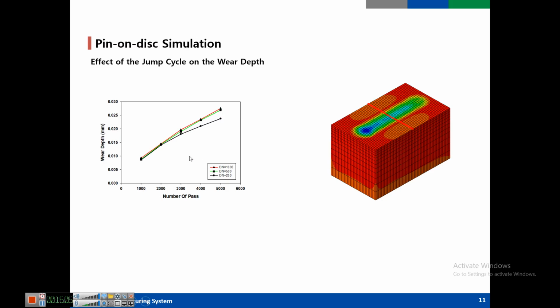You can see wear depths for 500 and 1,000 are similar. So for decreasing the computational time, I consider 1,000 for my simulation instead of using 500.